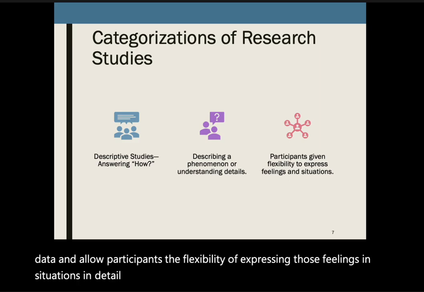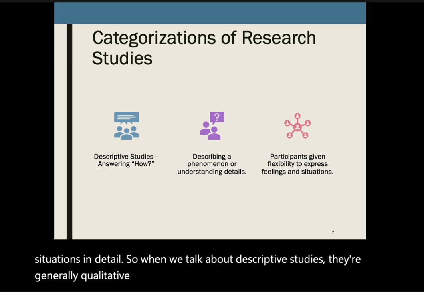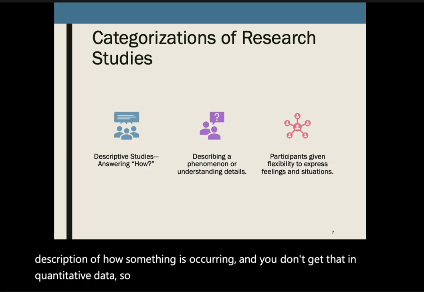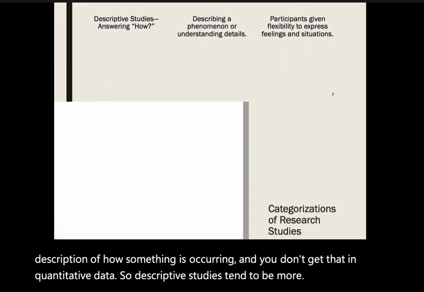So when we talk about descriptive studies, they're generally qualitative because you are really needing that in-depth description of how something is occurring, and you don't get that in quantitative data. So descriptive studies tend to be more qualitative.